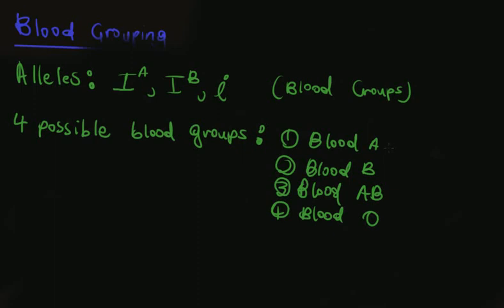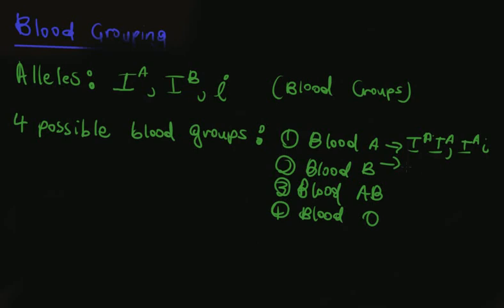Then what are the possible alleles for them? For blood group A, you can either have IA IA, or you can have IA i. I'll tell you why.